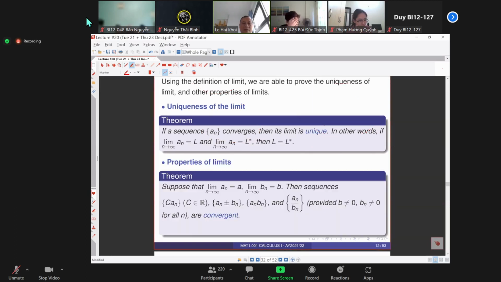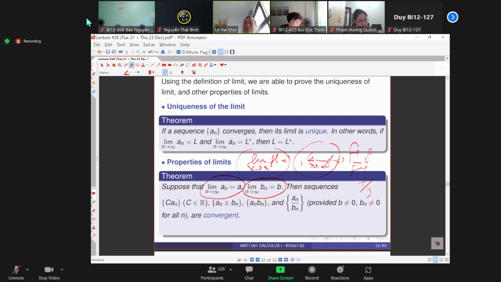And from that, you can show that if both sequence have limit, exactly như là chúng ta làm hàm số. Nếu mà hàm số f(x) x tiến đến a có giới hạn, hàm số g(x) x tiến đến a cũng có giới hạn, thì ta nói được f cộng g, f trừ g, f nhân g, f chia g, đúng không?